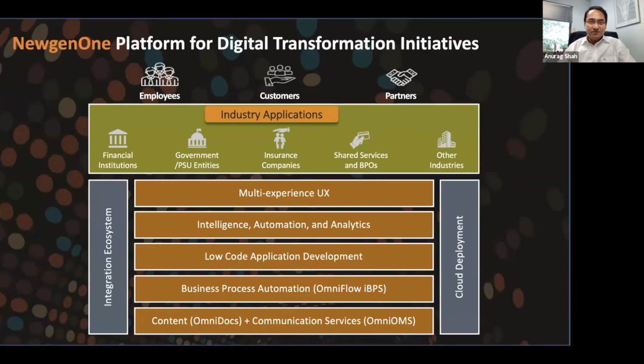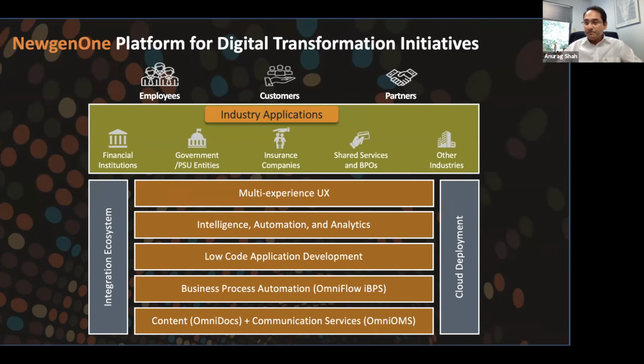And I may just take another couple of minutes to give a little sneak peek on the Newgen One platform. I took it through one of the slides earlier where you saw those 3 pillars, but if you really look at the platform from the bottom, it includes content and communication. And then on top of it, it brings in the business process automation layer.